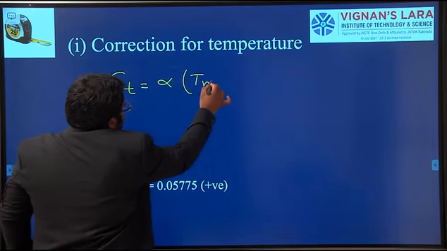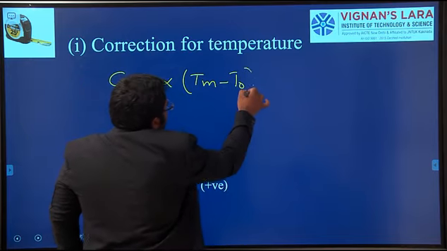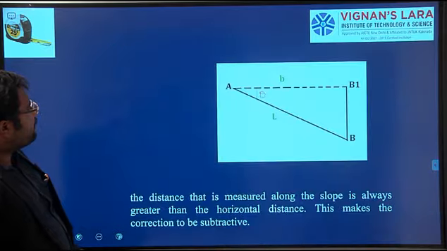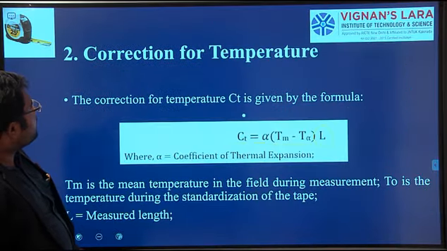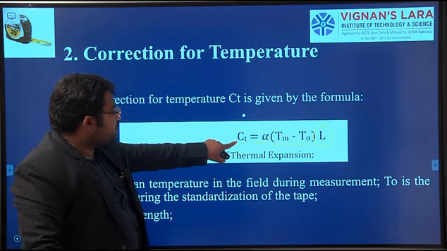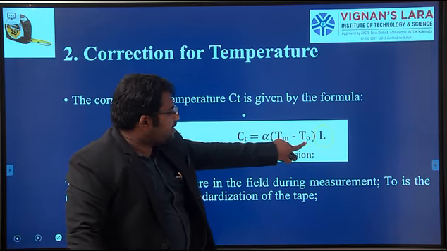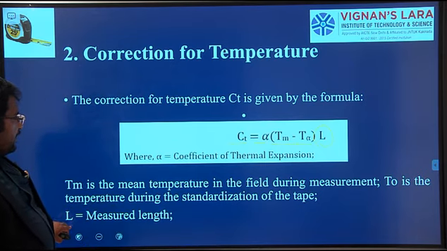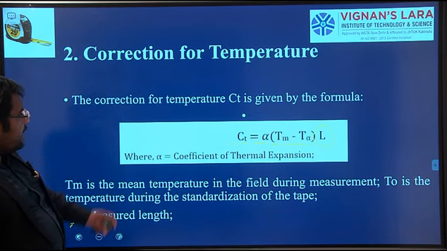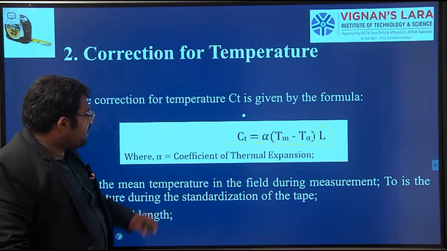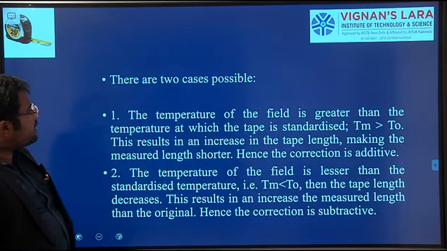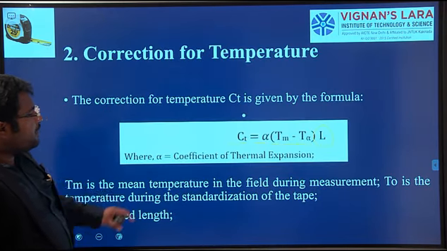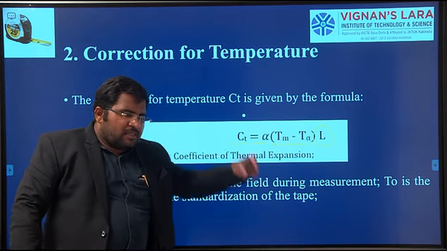Ct equals alpha into Tm minus T naught into L. You can observe the formula for the correction of temperature, where L is the measured length, alpha is the coefficient of thermal expansion, Tm is the temperature during the measurement, and T naught is the temperature at the standard.